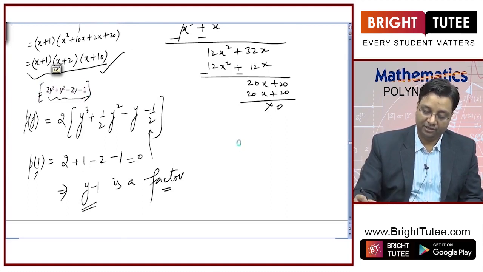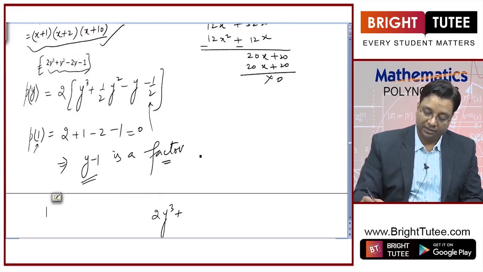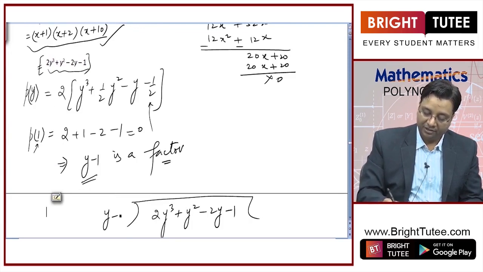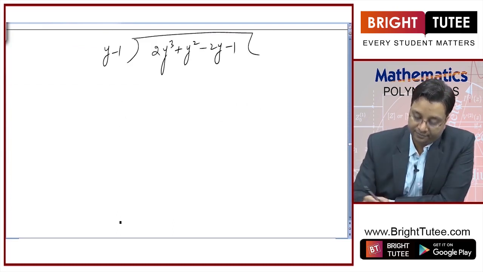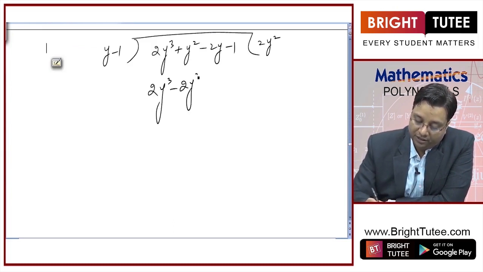So I'll divide this cubic, 2y cube plus y square minus 2y minus 1, divided by y minus 1. Okay. So the first thing I'll multiply with is 2y square. It will give me 2y cube minus 2y square.